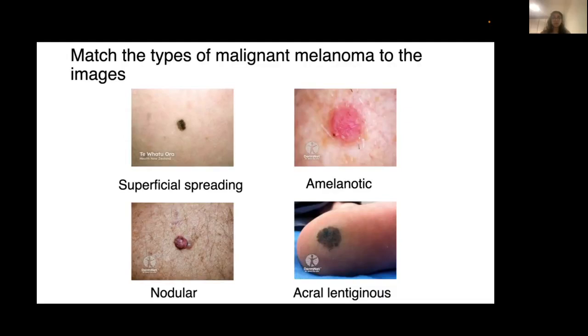Nodular, in comparison to superficial spreading melanoma, grows vertically, so upwards instead of outwards, so it forms that nodule. And then acral lentiginous, so acral meaning it's typically on the palms or the soles of the feet, or sometimes on the palms of the hands as well.